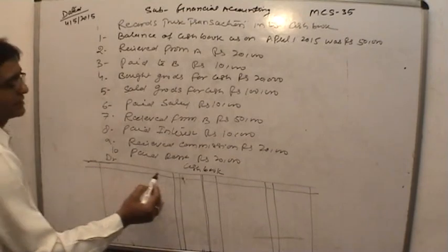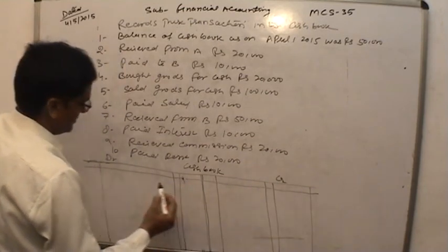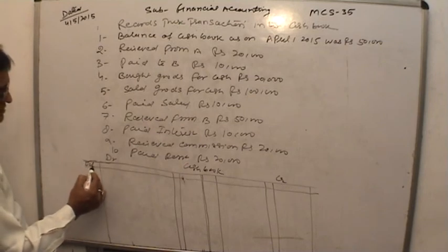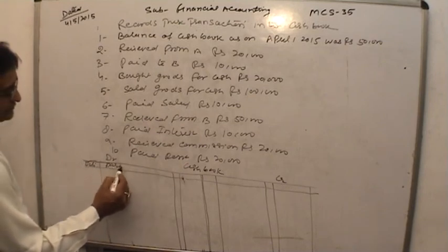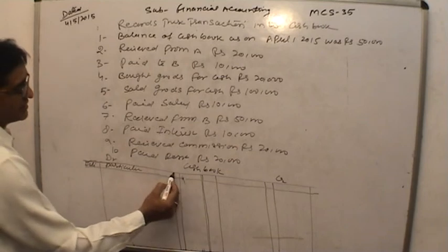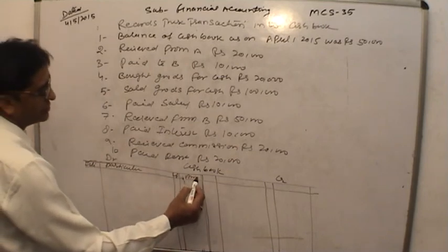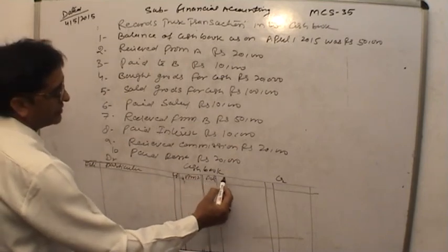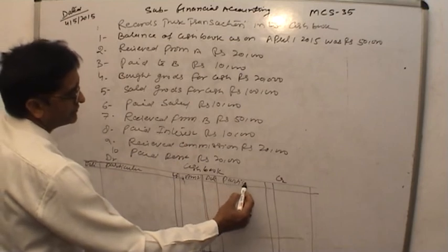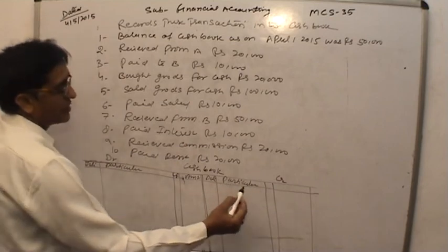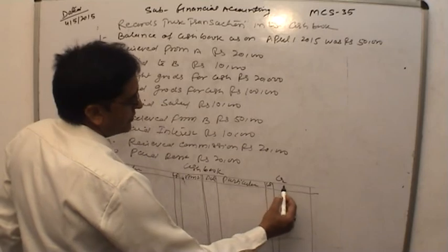This side is debit, this side is credit, date, particular, ledger folio, amount, date, particular, ledger folio, amount.